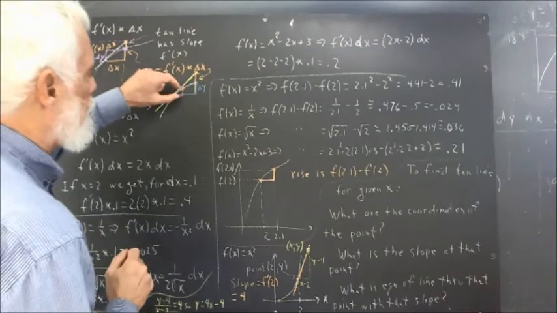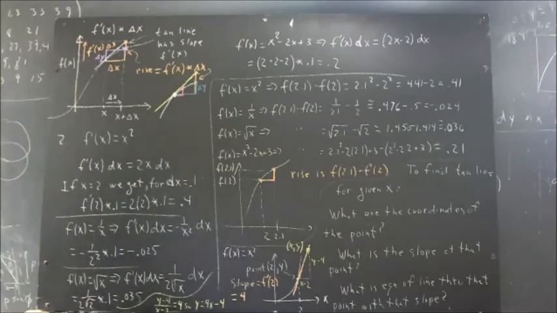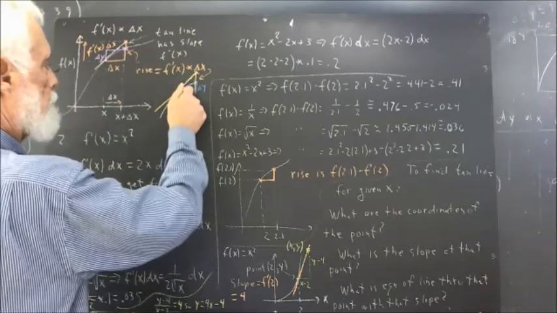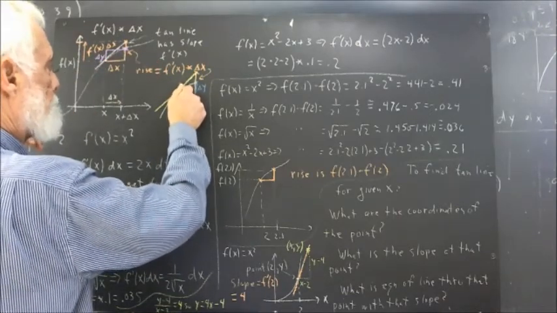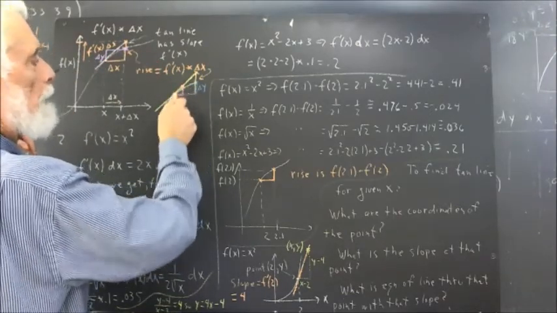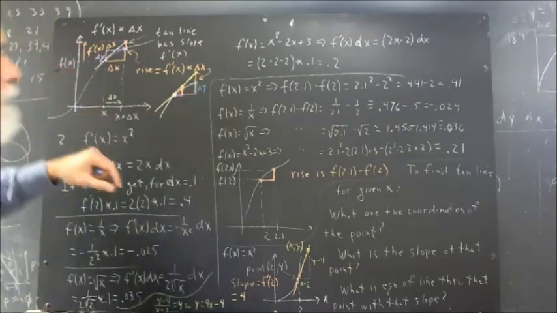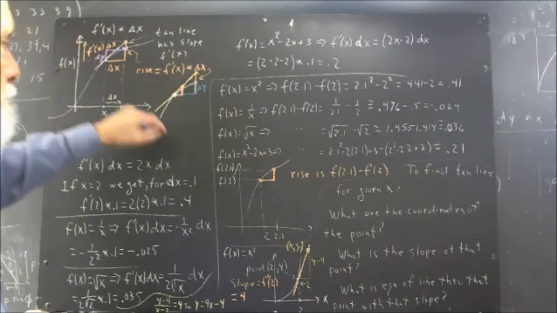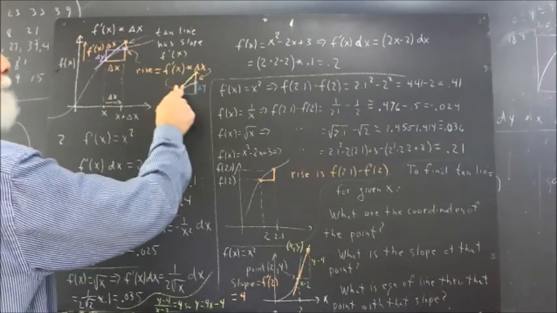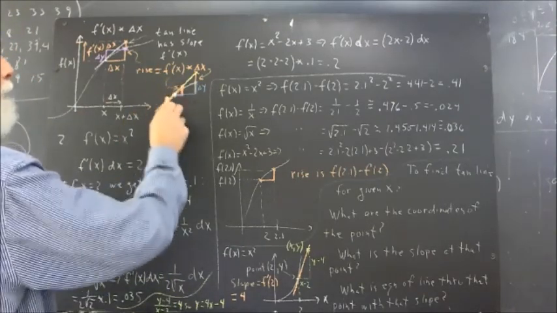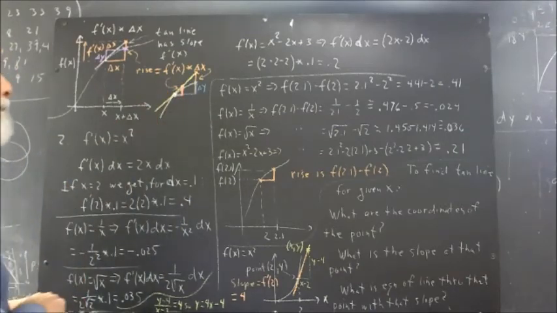So we see that I have a delta y here, and if I go up to the point on the tangent line, it's a little bit higher. And I don't know how well this is going to show up, but we have this distance based on, again, the f prime of x delta x for the new delta x.